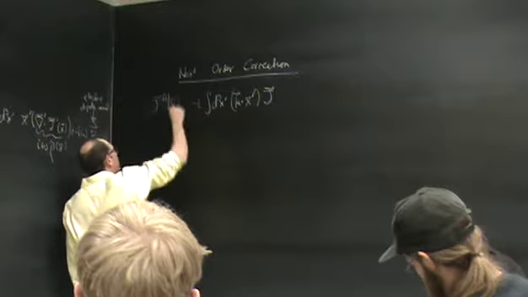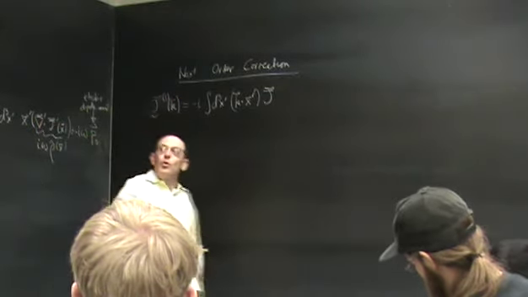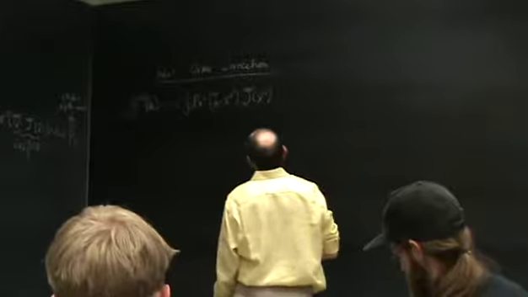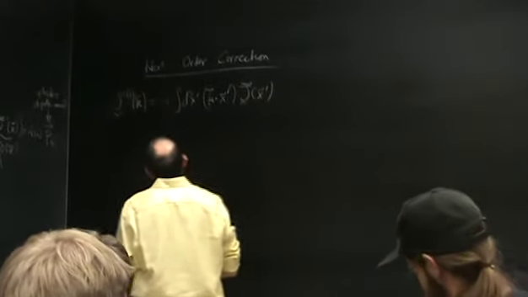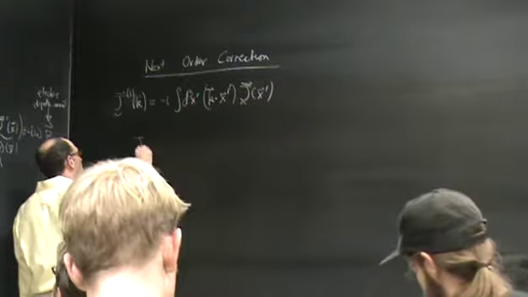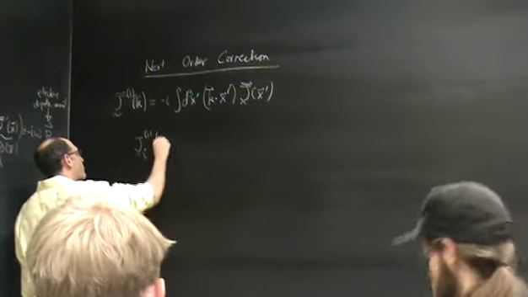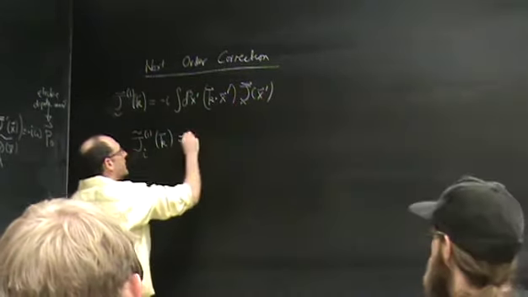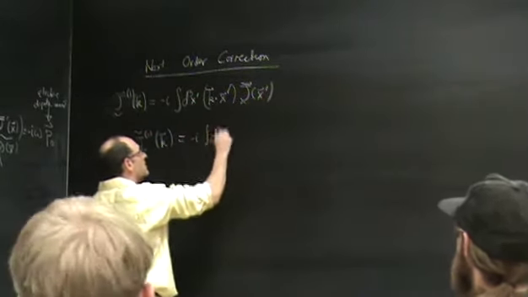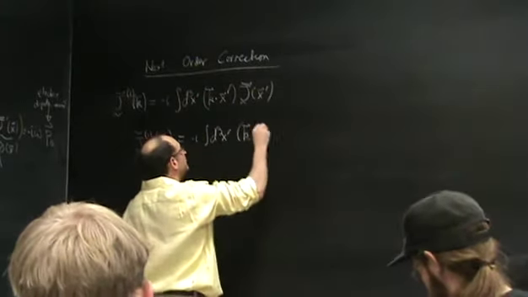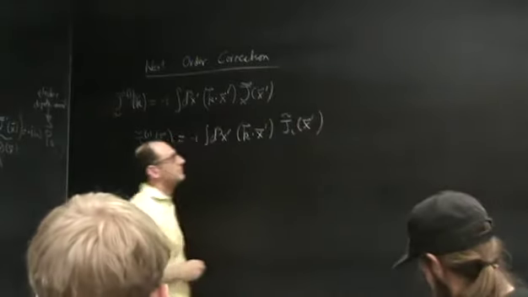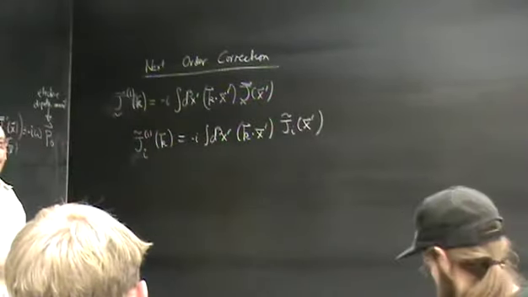It's this spatial coefficient, the first order expansion in this thing, j tilde of x prime. So let's look at some particular component of that vector, the ith component of that.